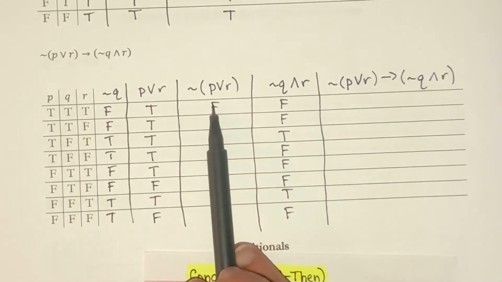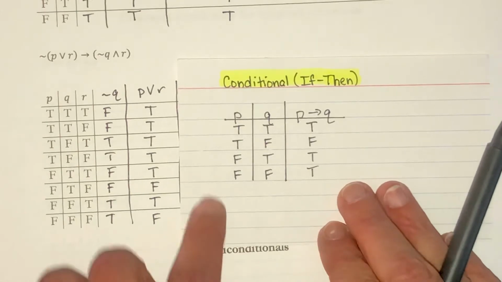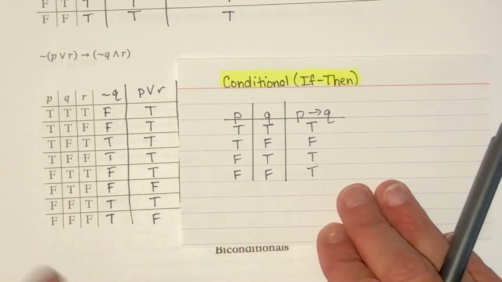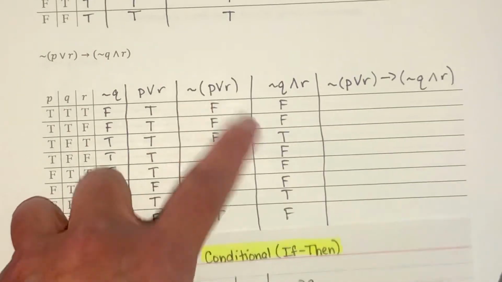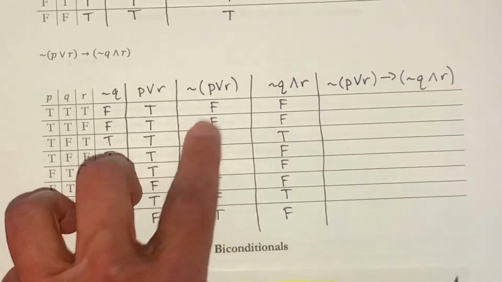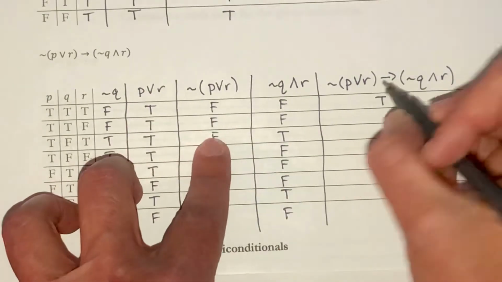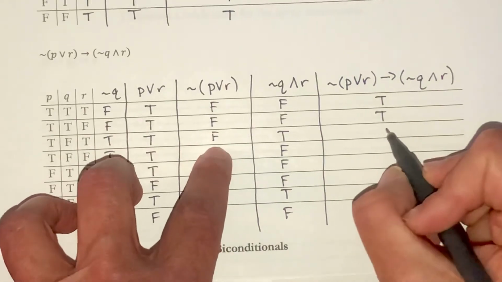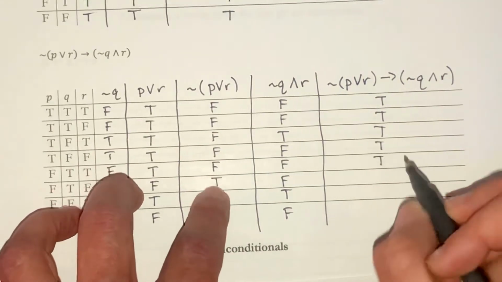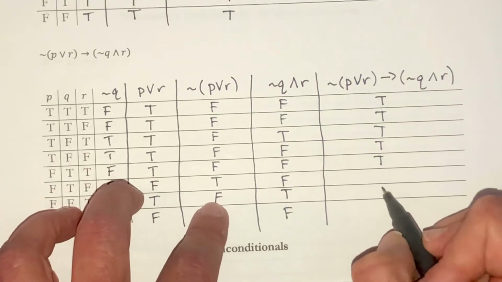It is if this one, then this one. And remember for the conditional, if our first statement is false, it's definitely true. So every time my first statement is false, I'm just going to go ahead and put a true here. I'm not even going to worry about it. So the first statement is false, so the conditional is true, and true, and true, and true, true. I'm not going to worry about the true versions yet, and that one would also be true.